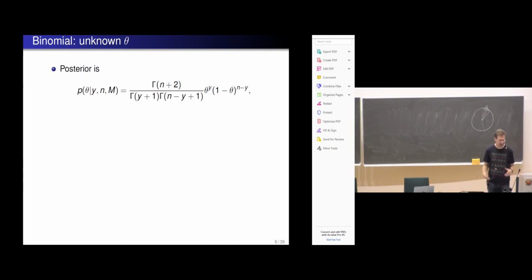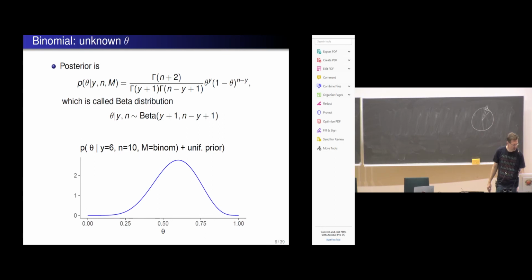And so we get this analytic form of the posterior, and for example, if we have observed 6 red ones with 10 picks, we get this kind of posterior distribution, which is called beta distribution.